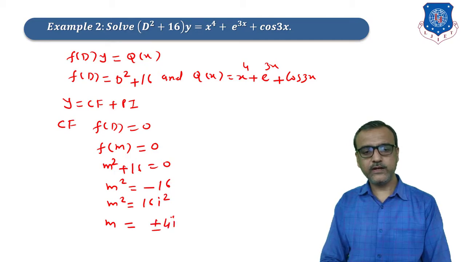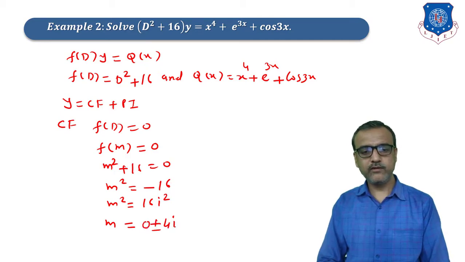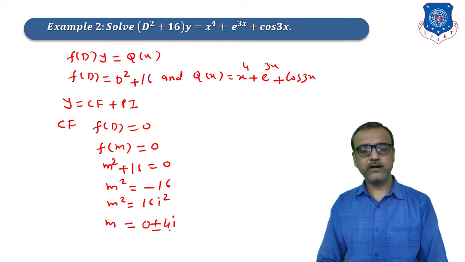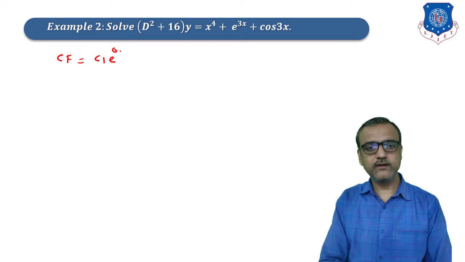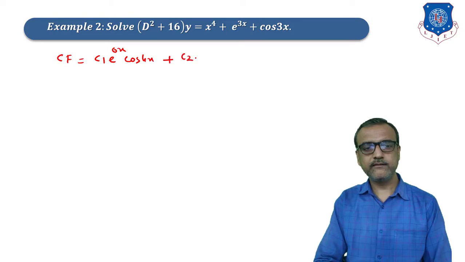So the real part is 0 and the imaginary part is 4. Now based on this complex number we will write down CF. So CF is equal to c1 e^(0x) cos 4x + c2 e^(0x) sin 4x. But e^(0x) is 1.